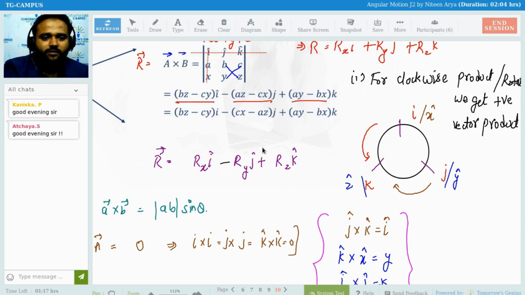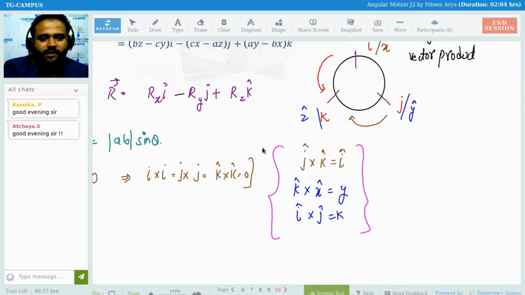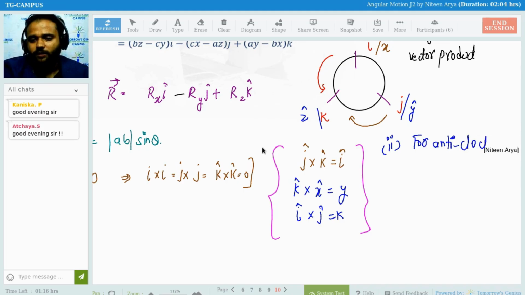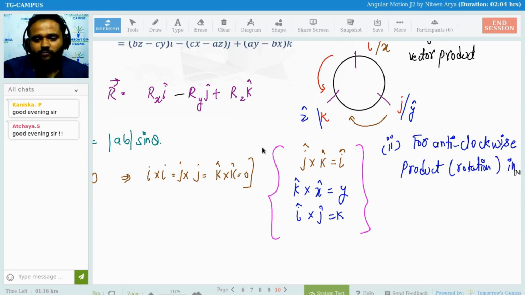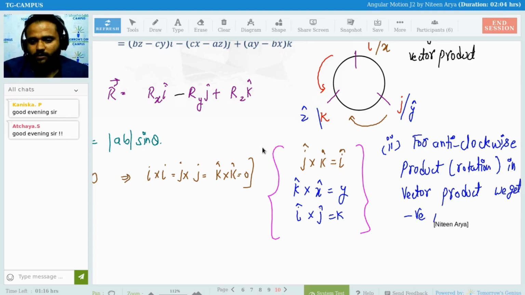And for anti-clockwise, the second thing, for anti-clockwise product or rotation in vector product, we get a negative result, or negative resultant vector.